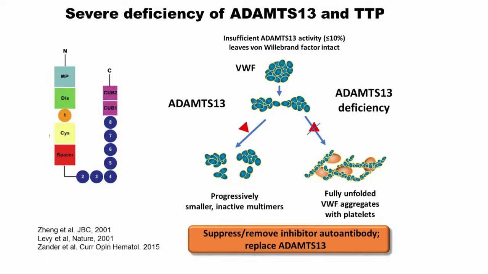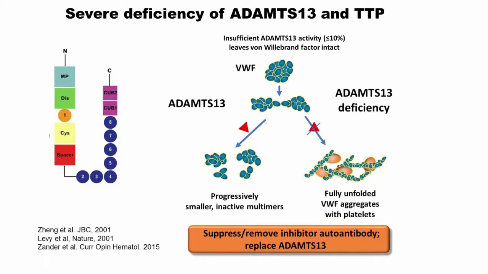VWF is a protein released from activated or injured endothelial cells, and usually it is released and then anchored on the cell membrane. When that happens, ADAMTS13 can cleave and remove it from the membrane. Once it is released into the bloodstream and under shear stress, VWF can be elongated. This elongated VWF is then exposed to ADAMTS13, and ADAMTS13 can cleave it and leave the VWF as small pieces that are hemostatic but not prothrombotic.